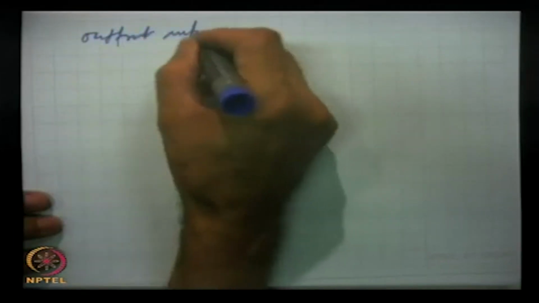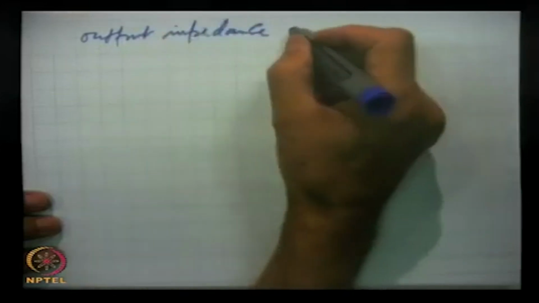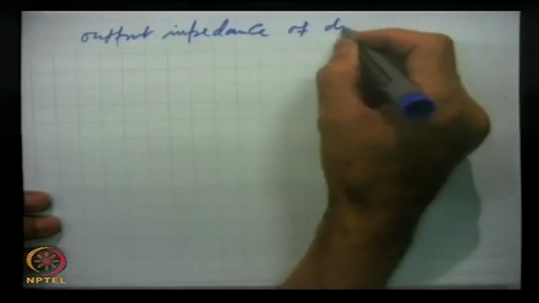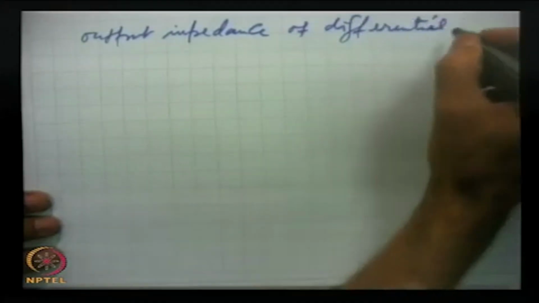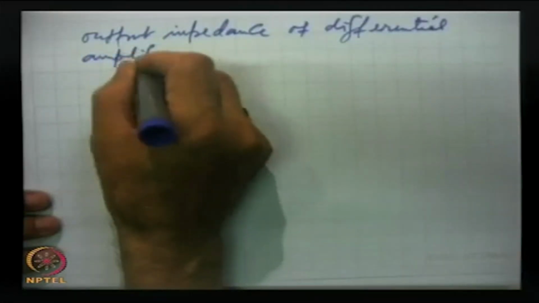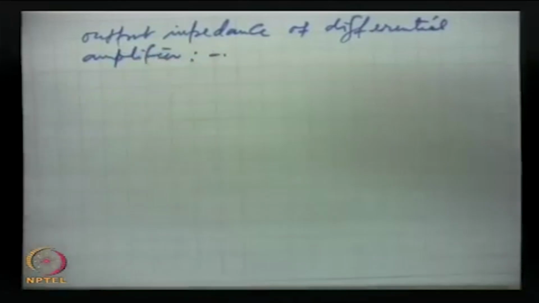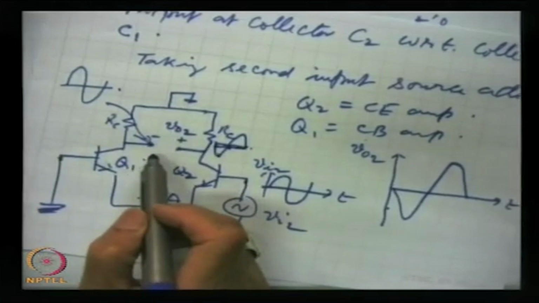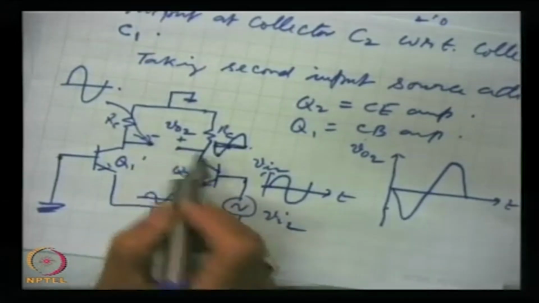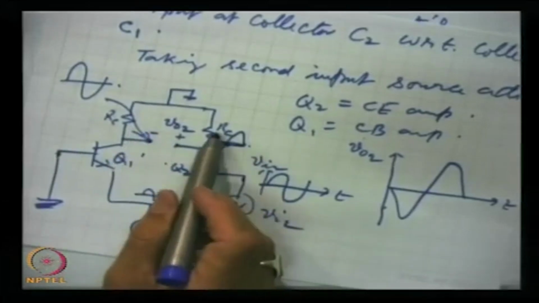Then the output impedance of differential amplifiers. If we look at the diagram, and this is grounded, then between this and ground, whether we measure here or here, we are going to get RC.